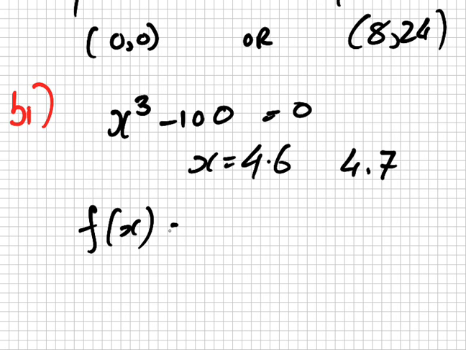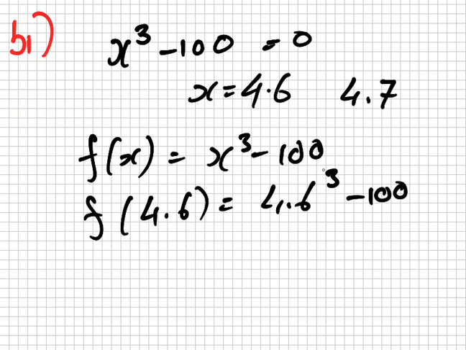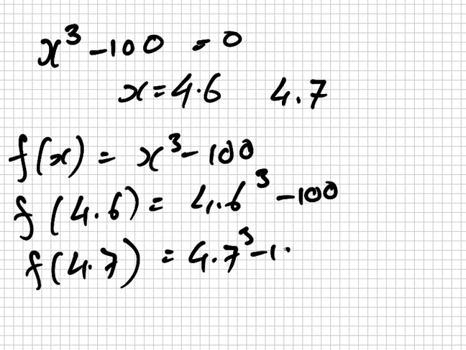What you have to do is put in the two values. One should be positive and one should be negative. So you put in 4.6 cubed minus 100, and then you tell me what you get there, please. And then you put in 4.7. So that's 4.7 cubed minus 100.